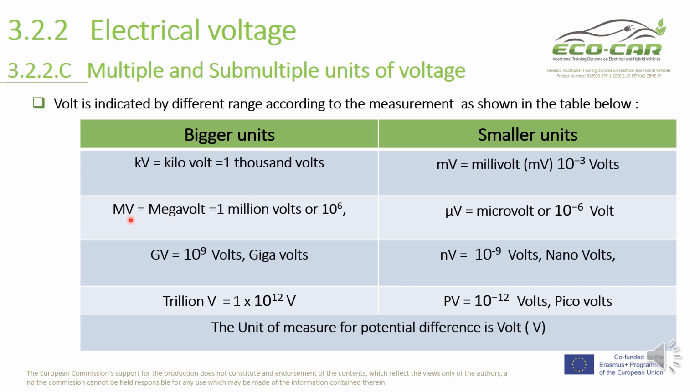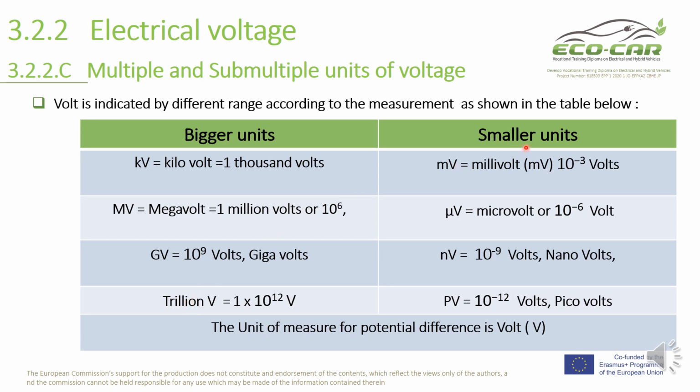Megavolt equals 1 million volts, or 10 to the power 6. Gigavolt is 10 to the power 9 volts. Teravolt is 1 multiplied by 10 to the power 12 volts. So these are bigger values, from kilovolt to megavolt to gigavolt to teravolt.